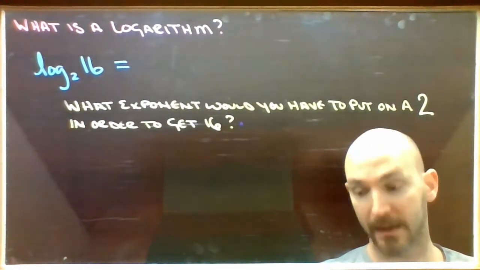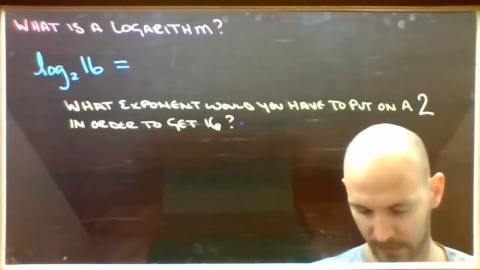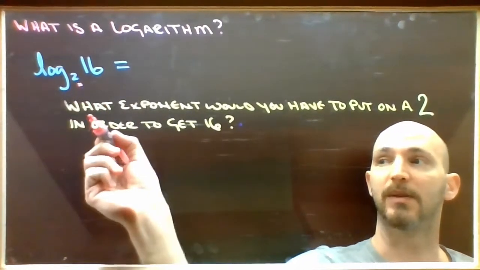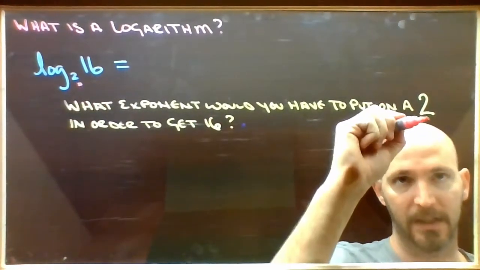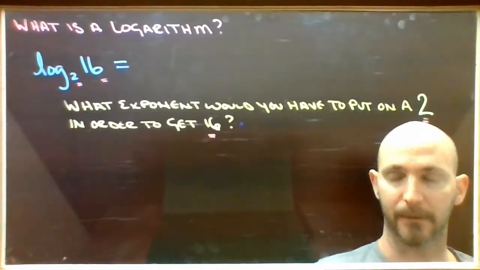So where am I getting these numbers from? This thing is log base 2, right there. So it's what exponent would you have to put on a 2 in order to get 16?